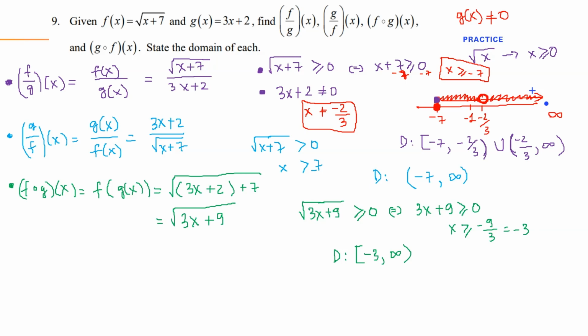For the last one, we will have g of f of x, that equals g of f of x. G of x is 3x plus 2, and our f of x is the square root of x plus 7.